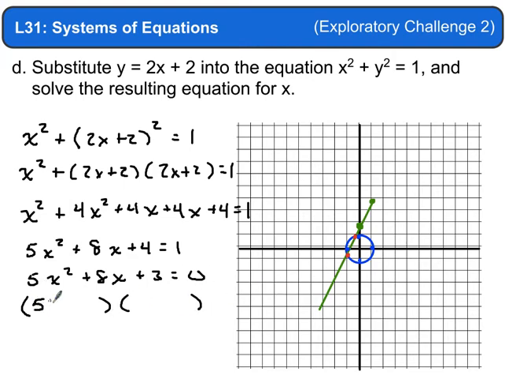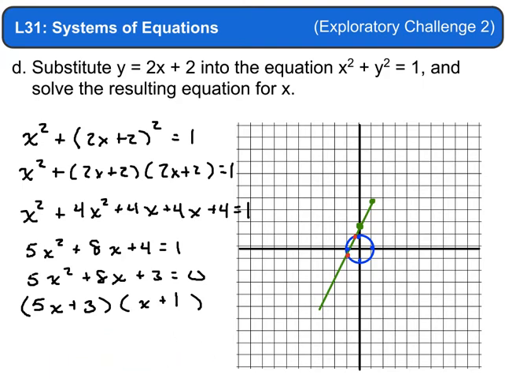So we'll put 5x and x. We're going to put a 3 and a 1. How do I know that this works out? Because this is 3x and this is 5x, and it adds up to equal 8x.